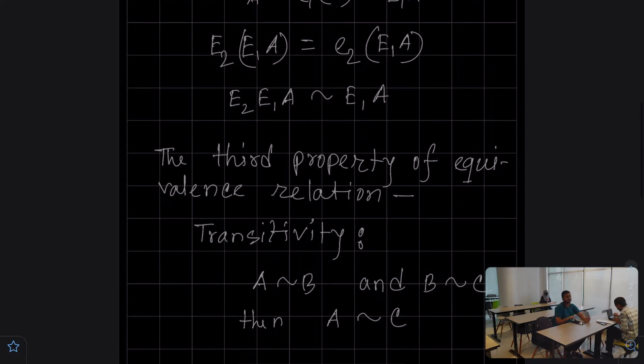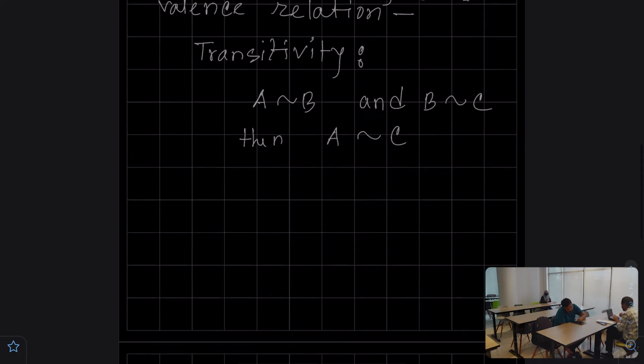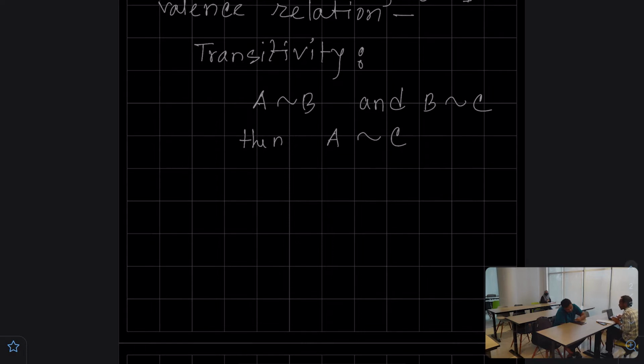Now consider these two. This one says A is row equivalent to E1A, and this one says that E1A is equivalent to E2E1A. You can also write it in reverse order. That follows from the definition of equivalence relation as well, because the first property is reflexivity.